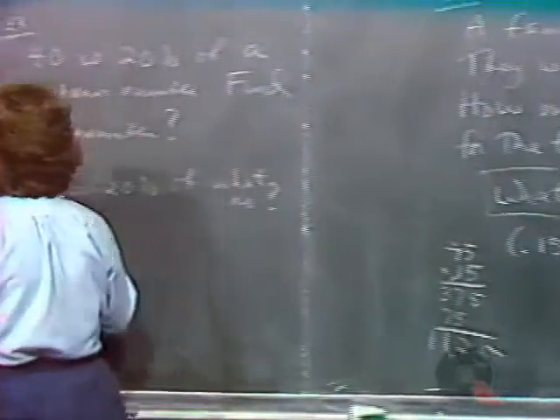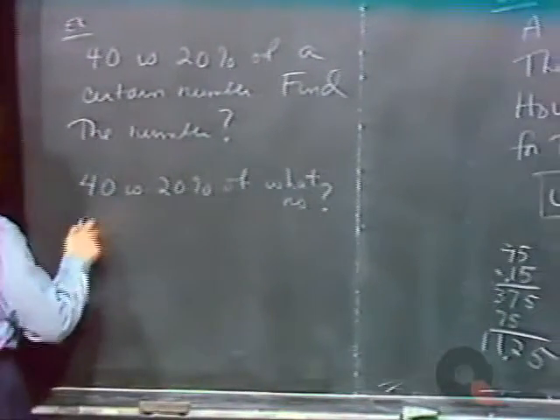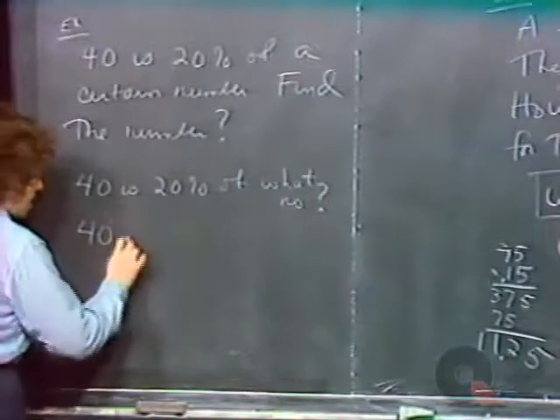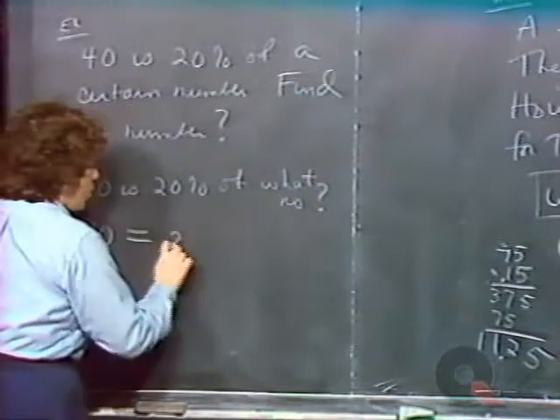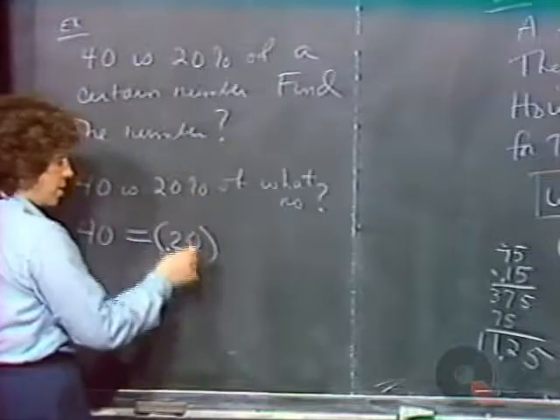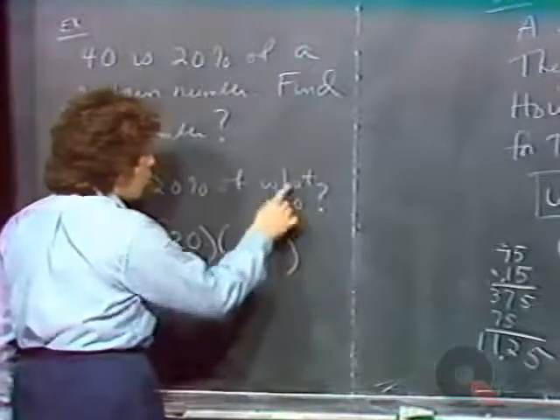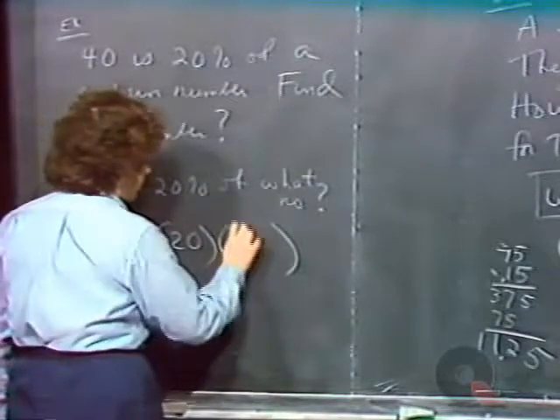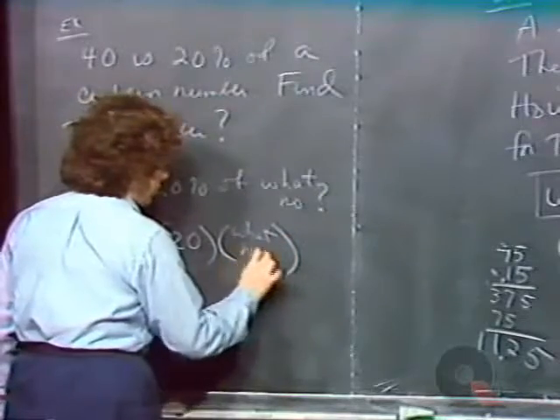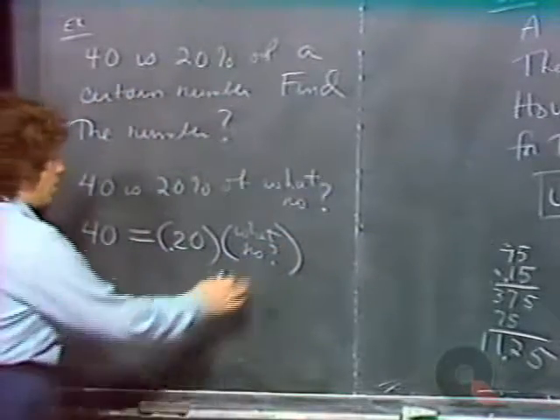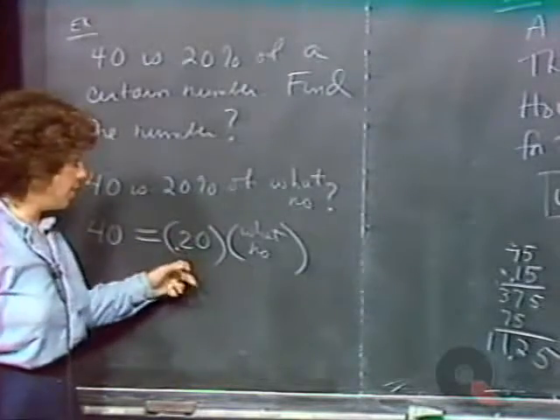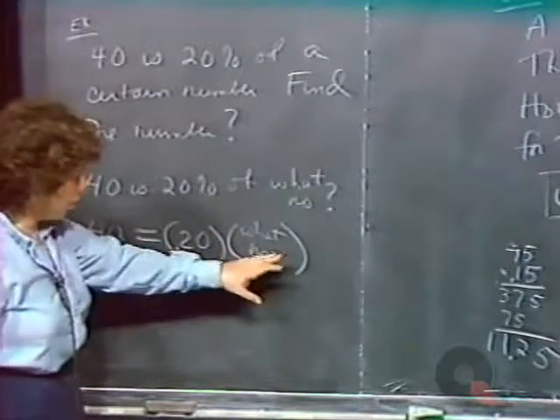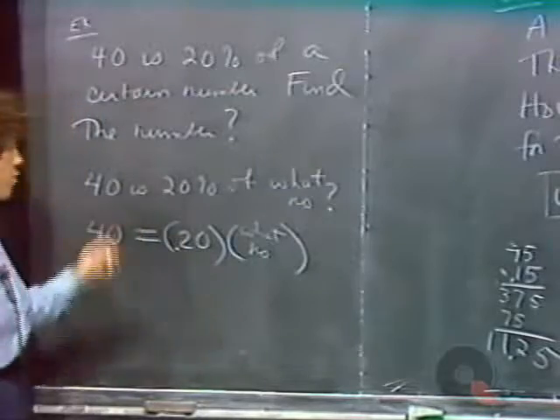In this problem, we have it slightly different. They say 40 is, that's the equal, 20% of what? 0.20, 20% written as a decimal, of what number? 20% of what number, this is an unknown, something that we have to calculate, is going to be 40.